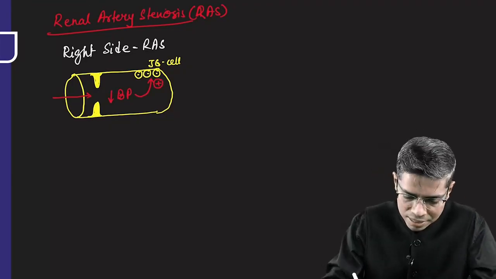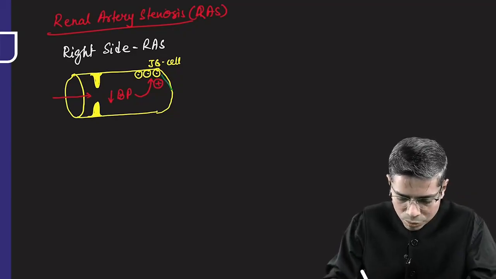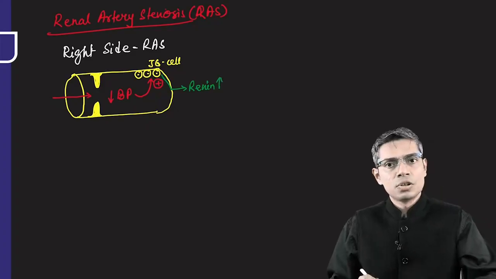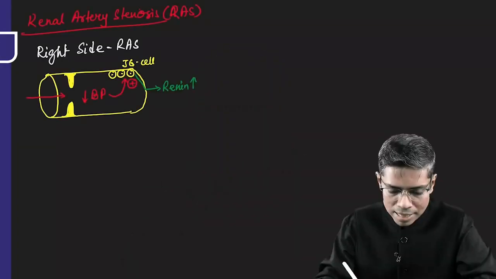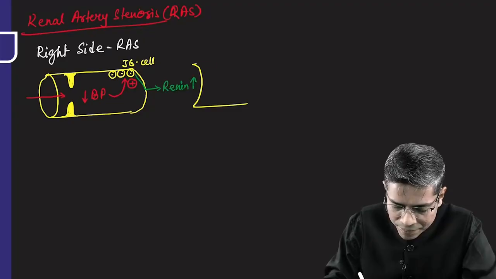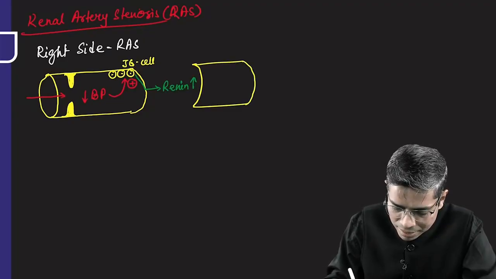And whenever the JG cells are stimulated, what are they going to produce? It is going to produce an increased amount of renin. So renin secretion will be increased, very, very high at the level of the afferent arteriole, and that renin will go through the glomerular capillary and then through the efferent arteriole, and then it will drain at the level of the renal vein. So what will happen if I measure the renin level at the renal vein?